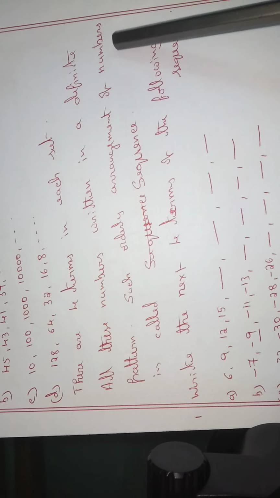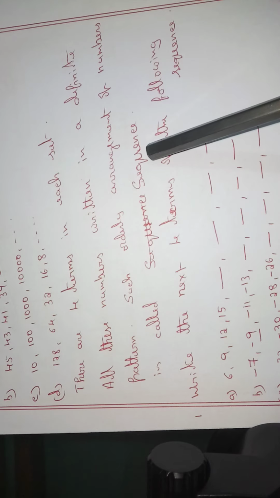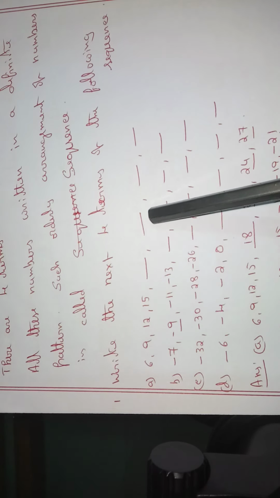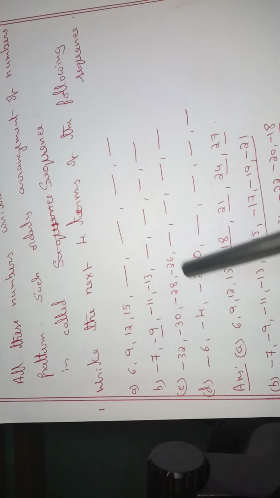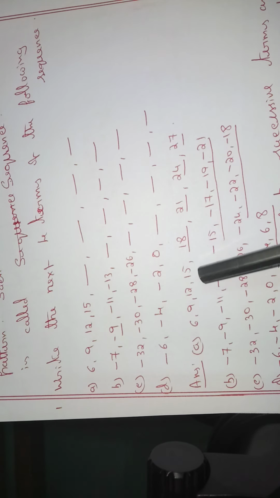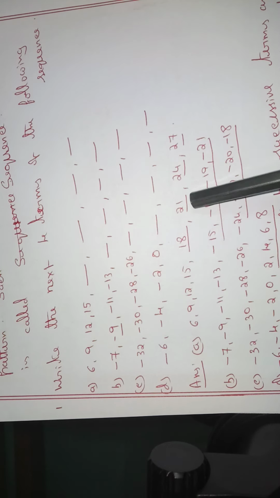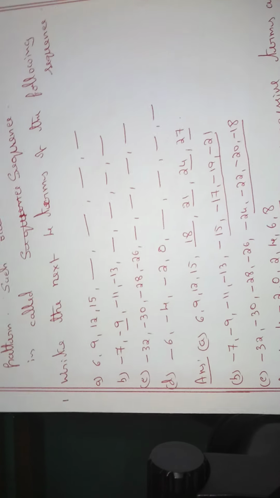Such orderly arrangement of numbers is called a sequence. Then when a sequence is given, its next 4 terms could be easily written. We solved 4 such sums. 6, 9, 12, 15. Next terms are 18, 21, 24, 27. Likewise, we solved other sums also.